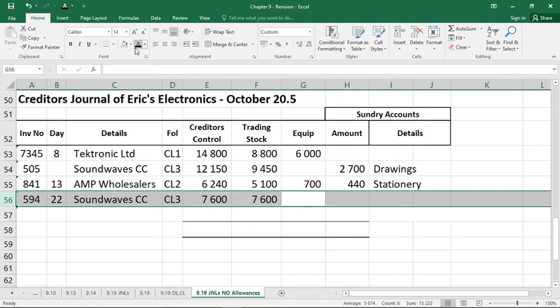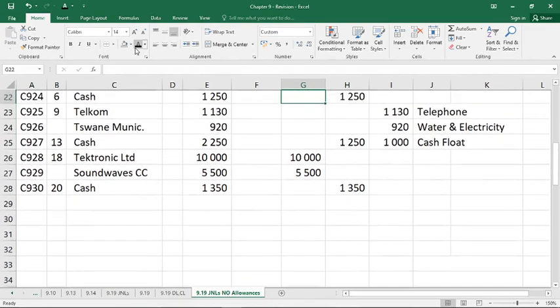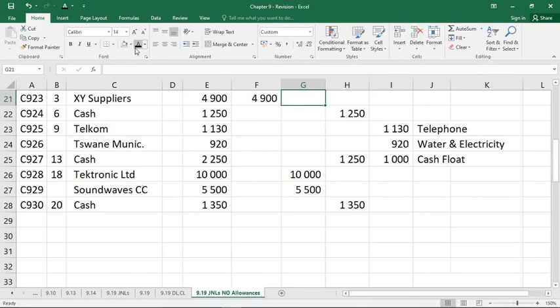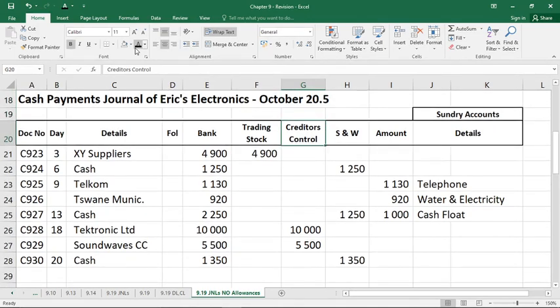The 23rd says bought stock by check. So by check implies we're going to the CPJ from XY suppliers. The normal selling price was 5,600, but XY suppliers were holding a discounted cash sale, less 20% off the normal price. Right, so here's our CPJ, just to move down a bit.